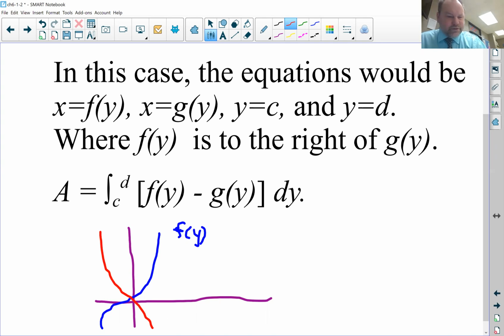Make this my g of y. And there are my values c and d. So that would be this area in here.